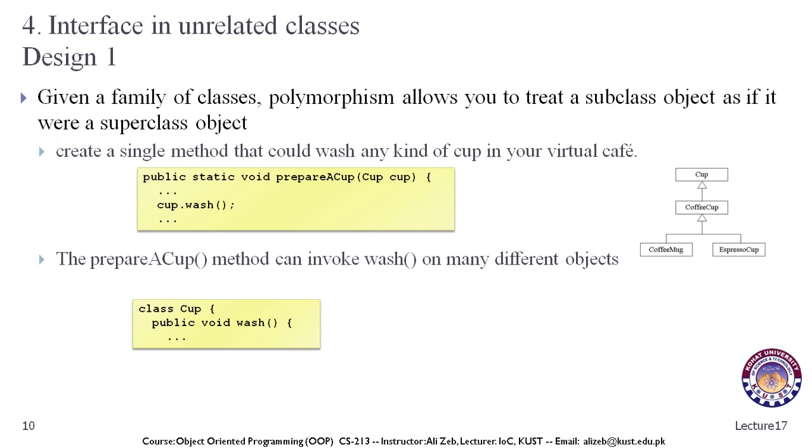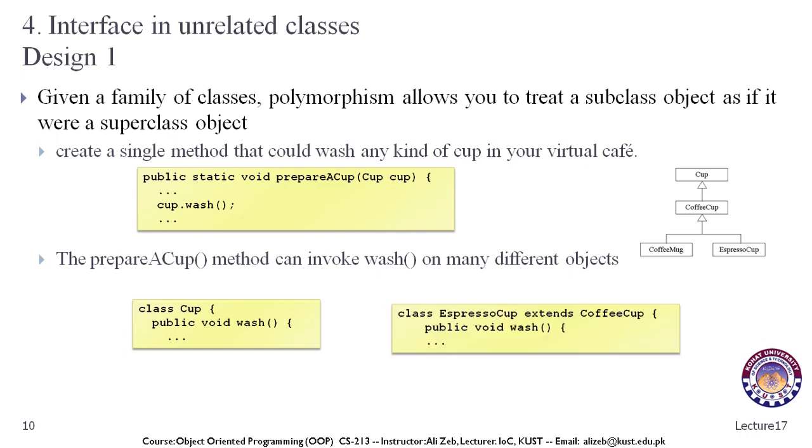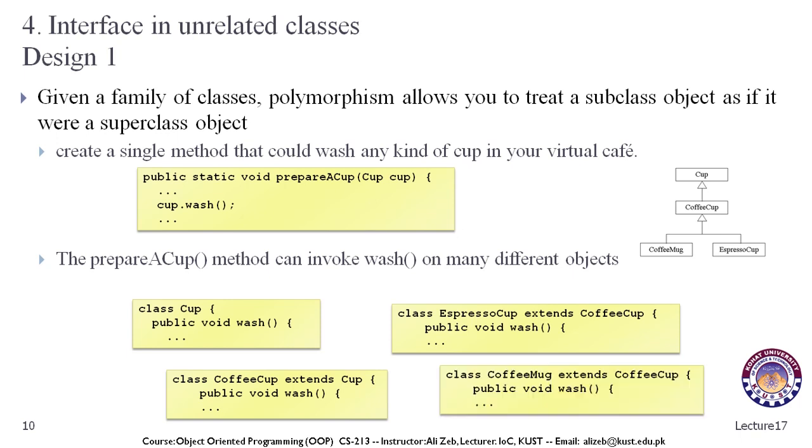A prepare cup method can invoke wash on many different objects of the cup class or any subclasses of the cup class. So we can implement the wash method in the cup class, and we can extend the coffee cup and implement the wash method in the coffee cup class itself, which extends the cup class. Coffee mug extends coffee cup.